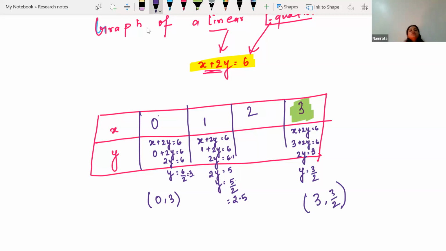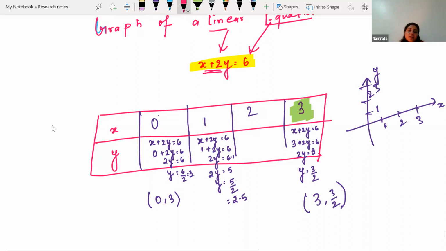Now with this one you will get confused about how to locate it when you have the graph paper, with the x-axis and y-axis, here 1 2 3, here 1 2 3, just like that. If we have 3 comma 3 by 2, you will understand x is 3, here is x equals 3, and y is 3 by 2.